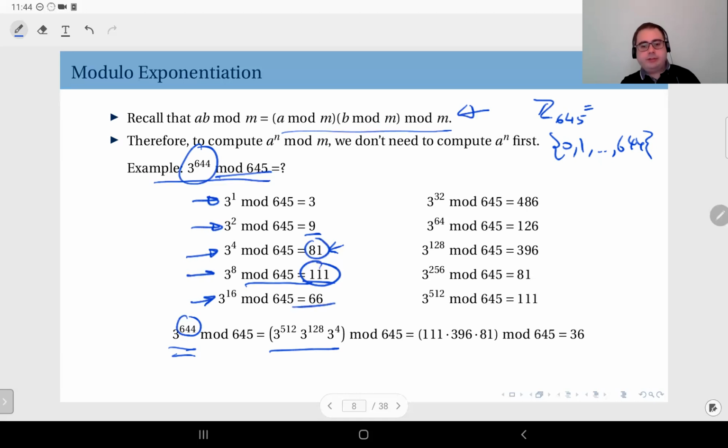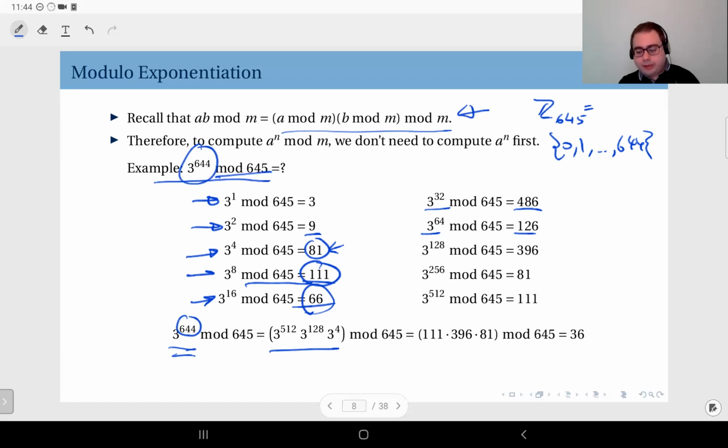And that gives me 66. And you continue like this, 3 to power 32, you take the square of 66 and then take modulo 645, which gives you 486. And then you take the square of this value, take modulo 645, you obtain 126, which is 3 to power 64 modulo 645.